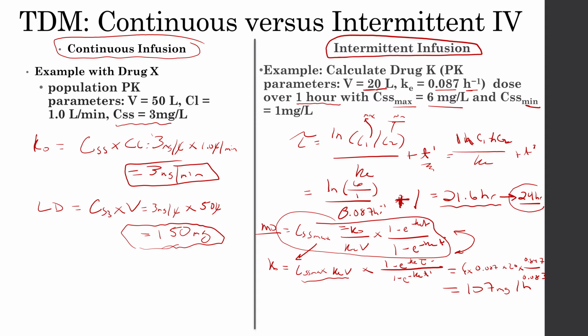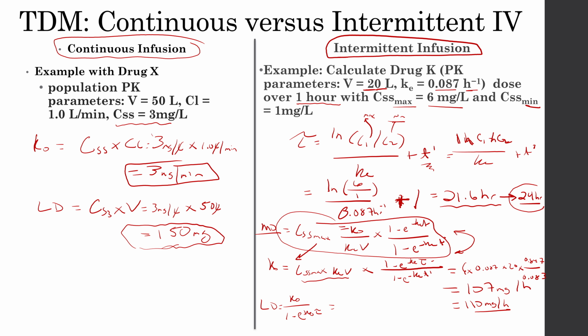And so we probably, again, wouldn't tell usually someone to give 107 milligrams, probably round it to something like 110 milligrams per hour. And finally, we want to know a loading dose as well for this scenario, and a loading dose with intermittent IV infusion is equal to K naught over 1 minus e to the negative Ke tau.